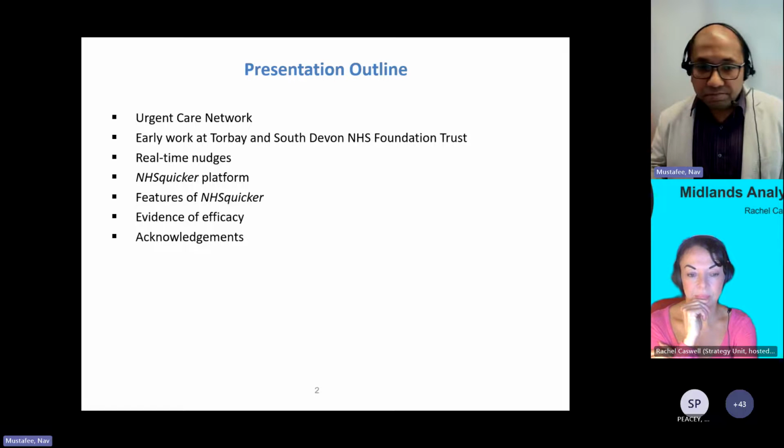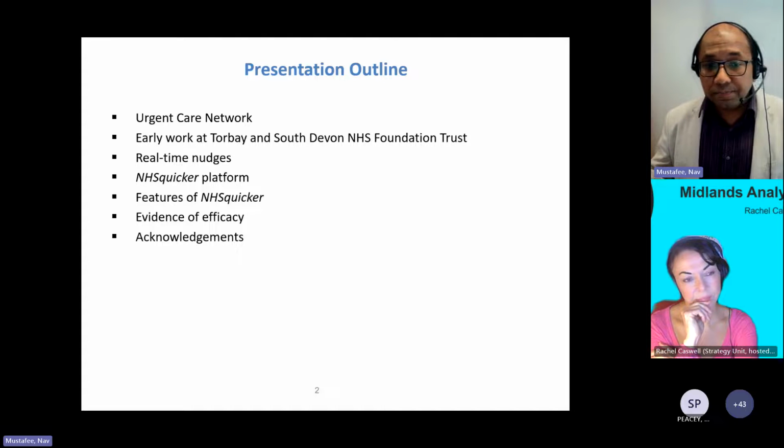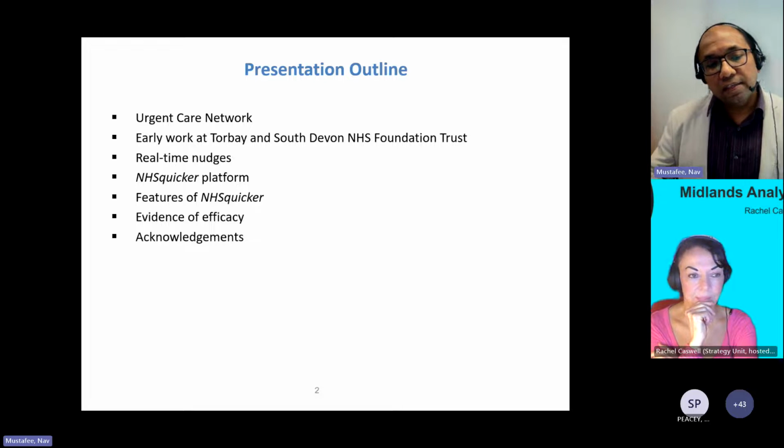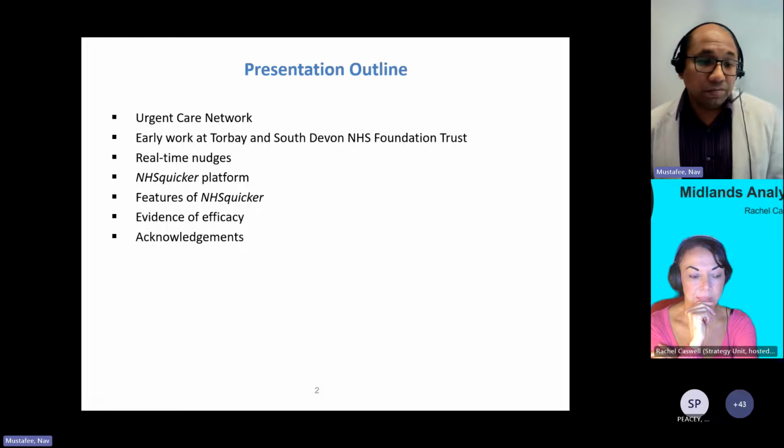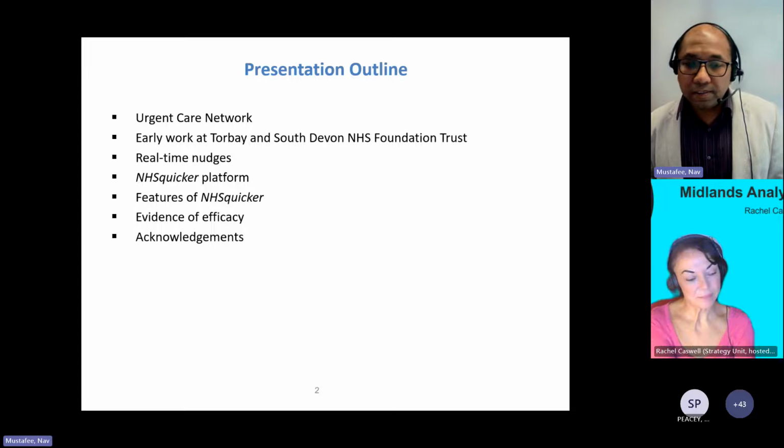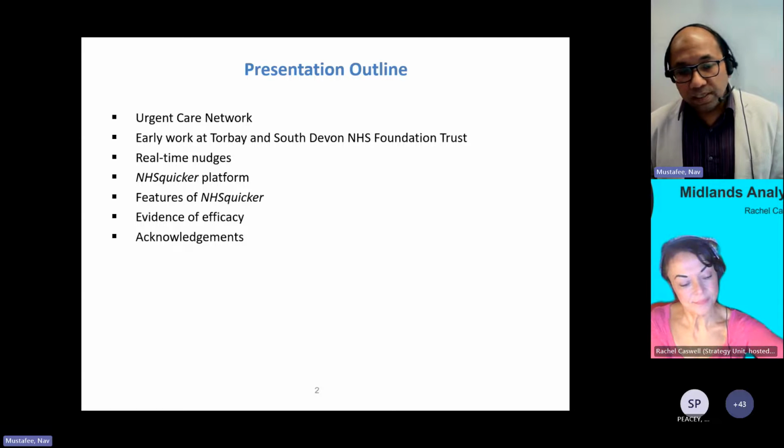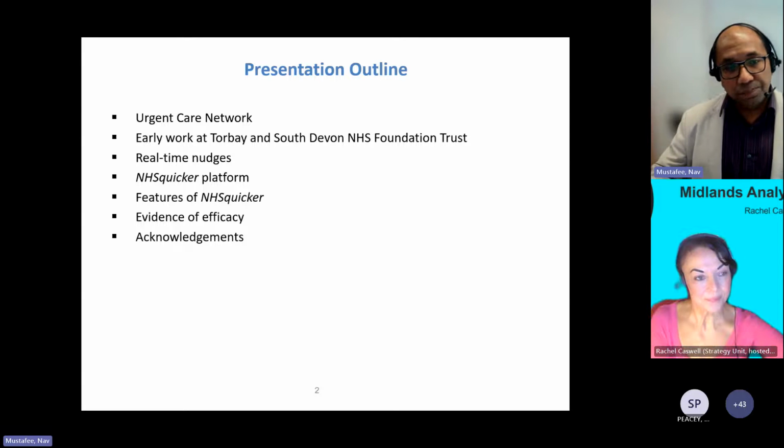In future maybe there would be other apps, and there are already some other apps which do around the same things. So, evidence of efficacy, and then I'd like to say a word of thanks to all the collaborators who have been involved in the project from early on.